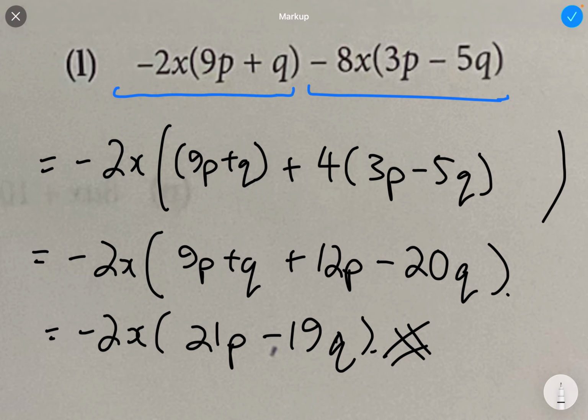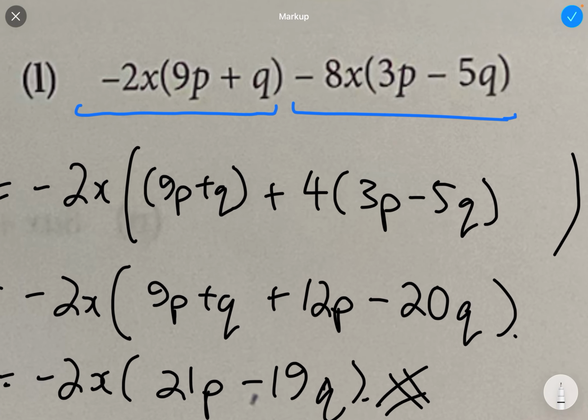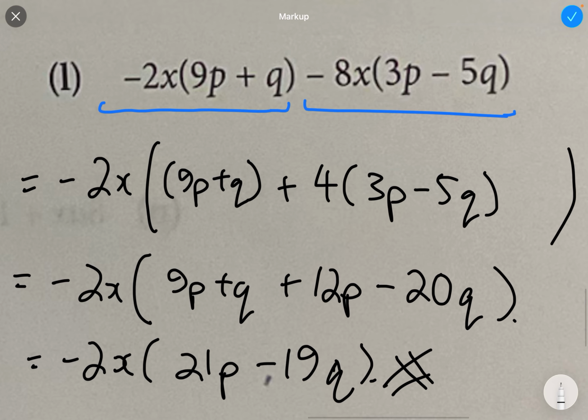When we are asked to factorize this, we must first identify how many terms are there. Terms are separated by plus and minuses. Then when we look closely, here is actually negative 2x times bracket. So together is one term. Then after that it is 8x multiply this bracket. Then this part and this part separated by this minus.